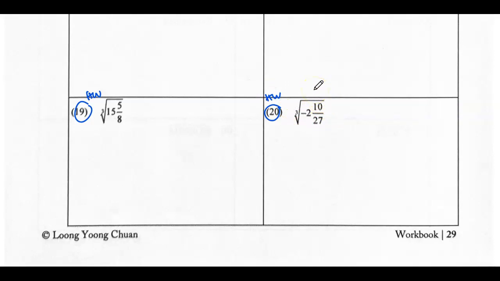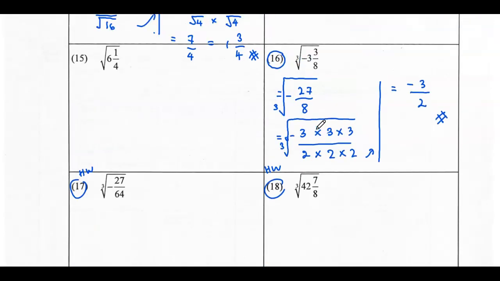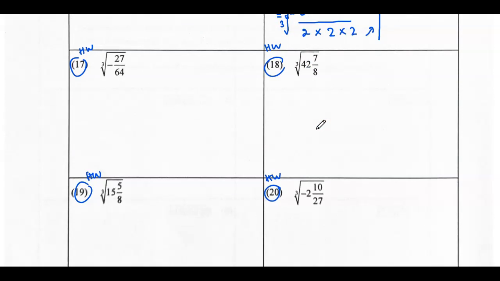If it's a bit confusing on how you can answer the question, please refer back to the table for square root, cube root, and also to the power of any numbers. We have that table in our WhatsApp group, so please do refer to that table in order for you to answer all of this homework.